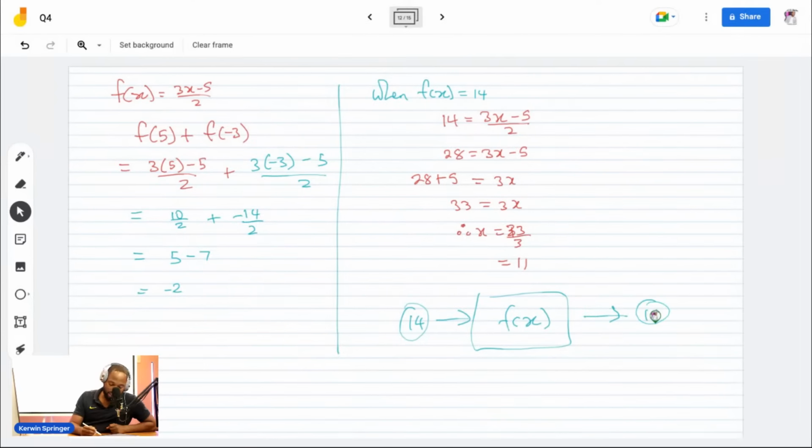So usually they tell you to find f inverse, and this is the output, this is the input. So for f inverse, the input switches with the output. Therefore, f inverse of 11 is equal to 14.